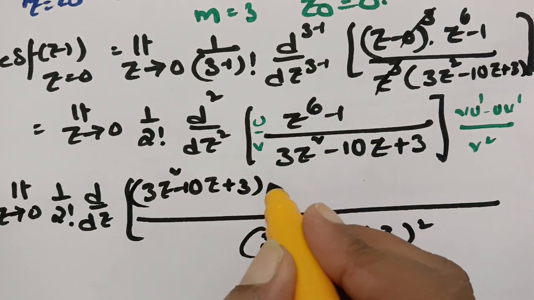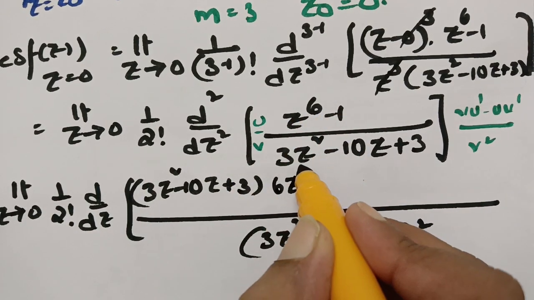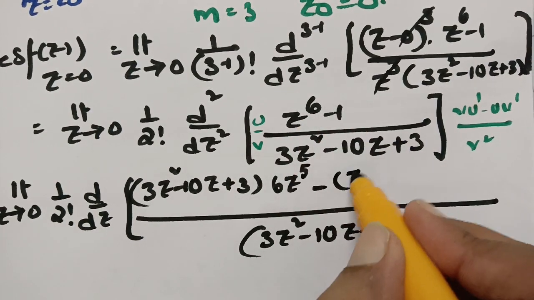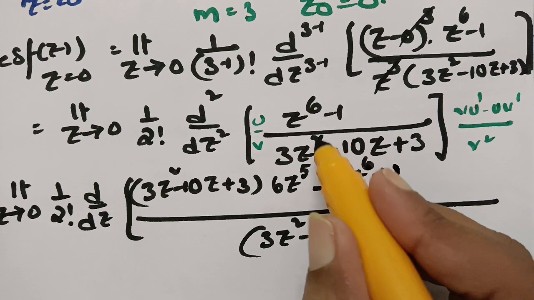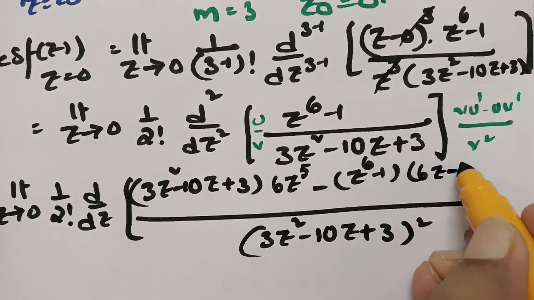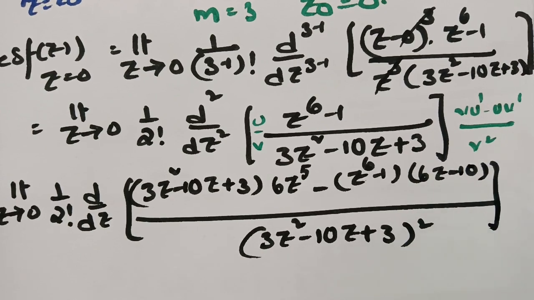And again I have to take the derivative of this. This will be 6 into z power 5, minus, again I have to write u here, that is z power 6 minus 1, and the derivative of v is 6z minus 10. Clear?